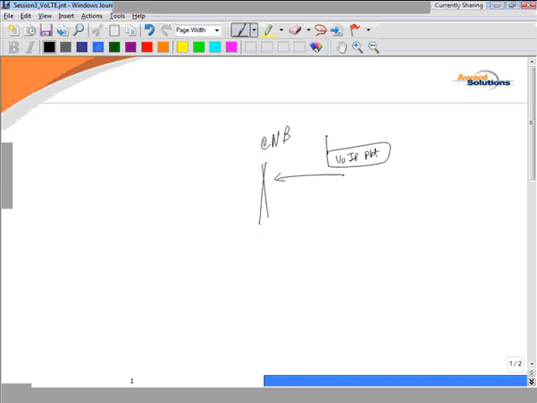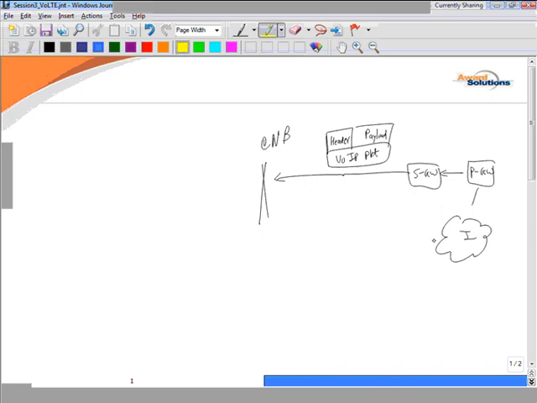So we would have some IP header, and then the payload that would be coming, let's say, from the serving gateway. So the voice over IP packet arrived from the outside world to the PGW and serving gateway, and now at the eNodeB, the eNodeB gets this pure, full-fledged IP packet.